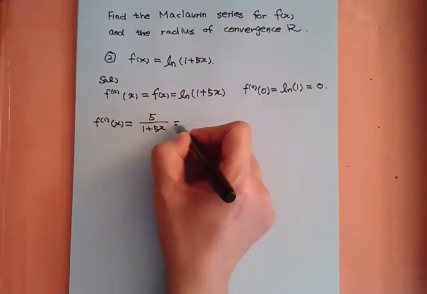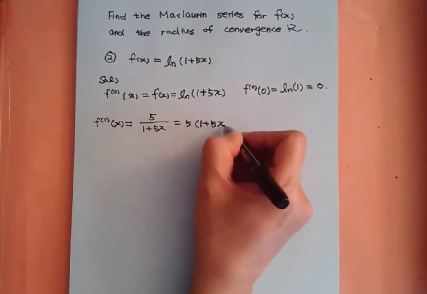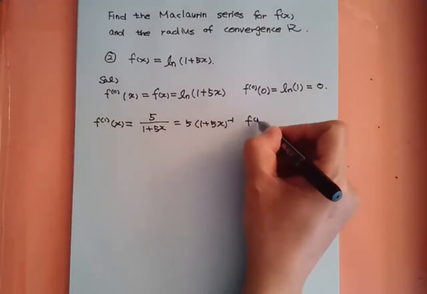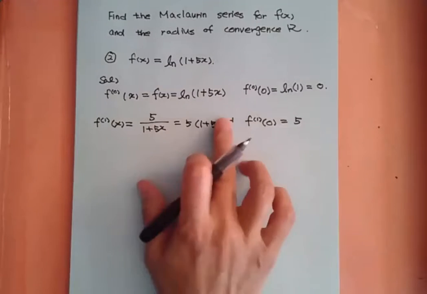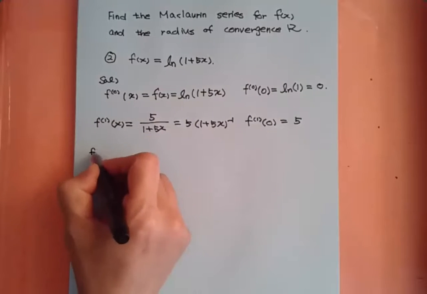That is 5 times 1 plus 5x to the negative 1 power. And so the first derivative of f at 0 is 5. Just this one vanishes. We will keep doing this.